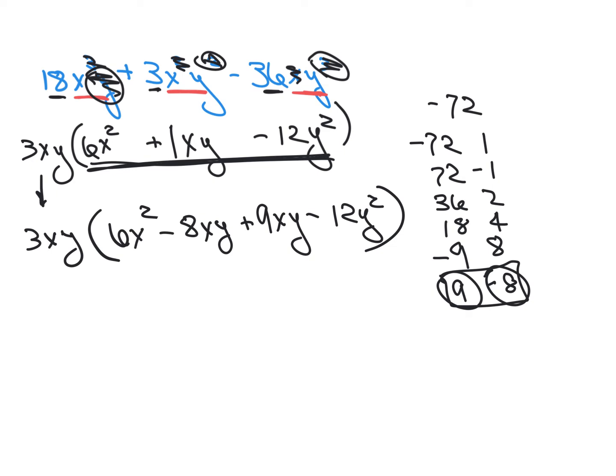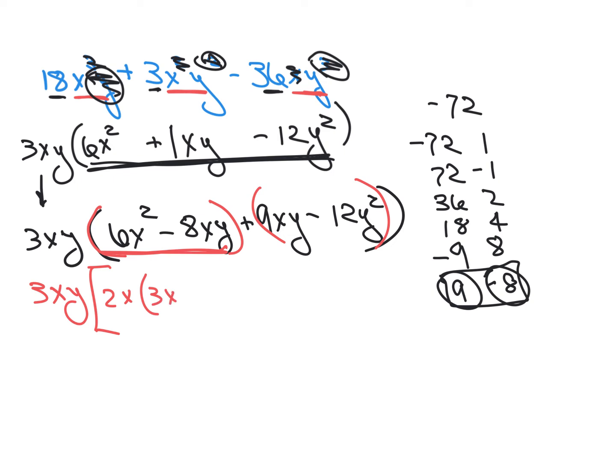Okay. Now we're going to group. Group these two, and we're going to group these two. I still have my 3xy, and I'm going to make a brace here because I'm going to pull something out of here. I can pull out a 2 and an x, and I'm left with a 3x minus 4y.